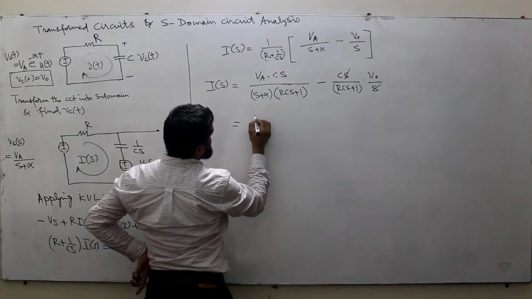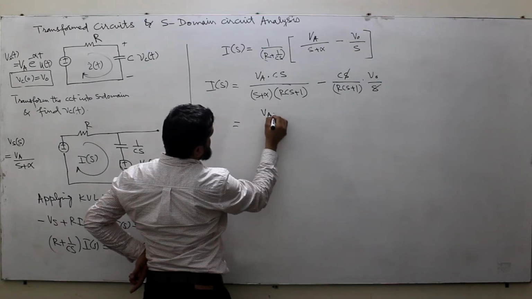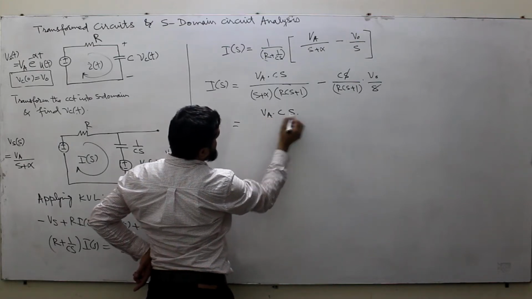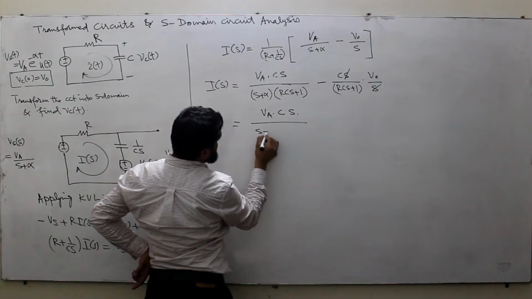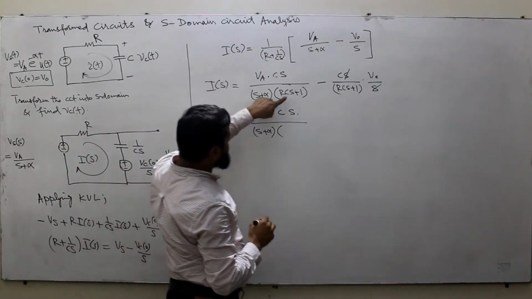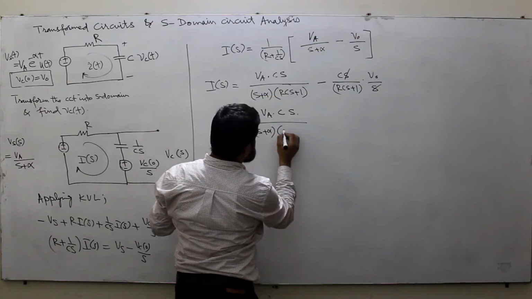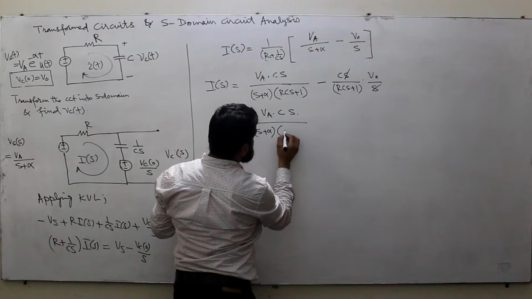So what we have now here is VA into C into S divided by S plus alpha. For simplicity, we always keep S separate. So from this one, we can take RC as common.